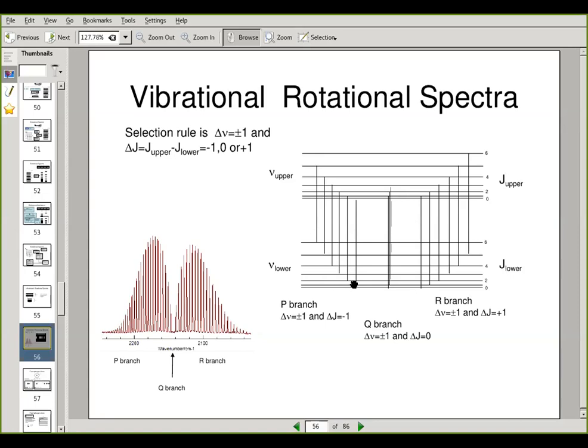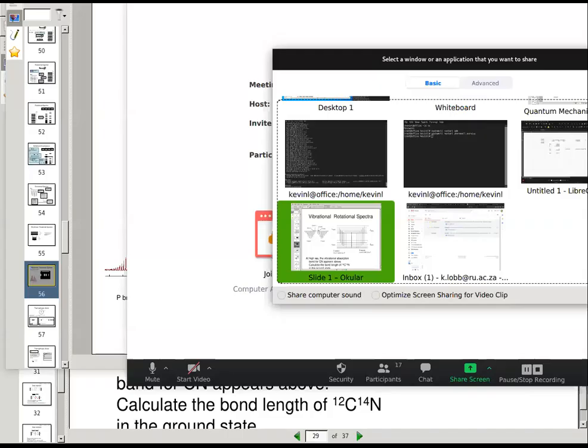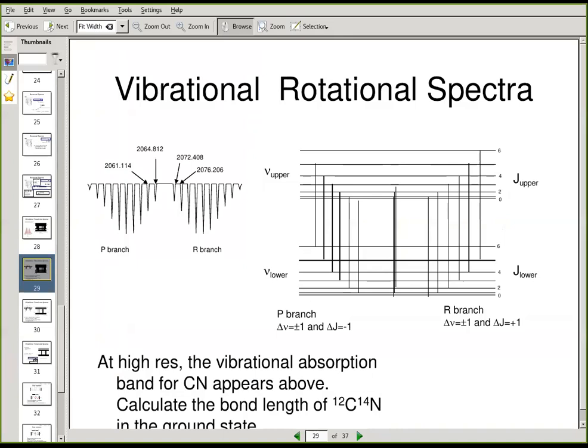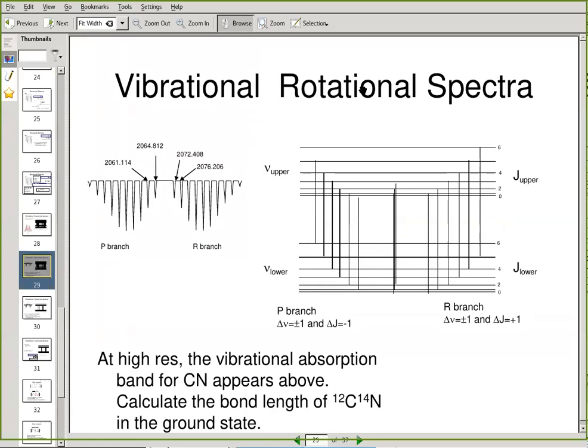That is interesting. So let's have a look at a particular problem. Right, so here's an example, and the example is with this CN diatomic system.